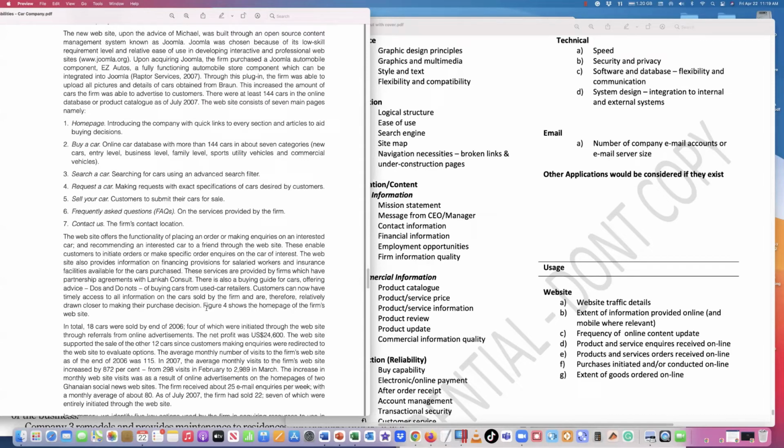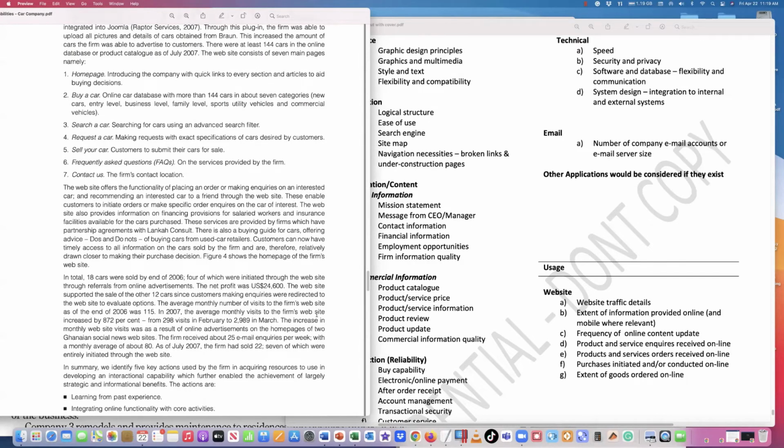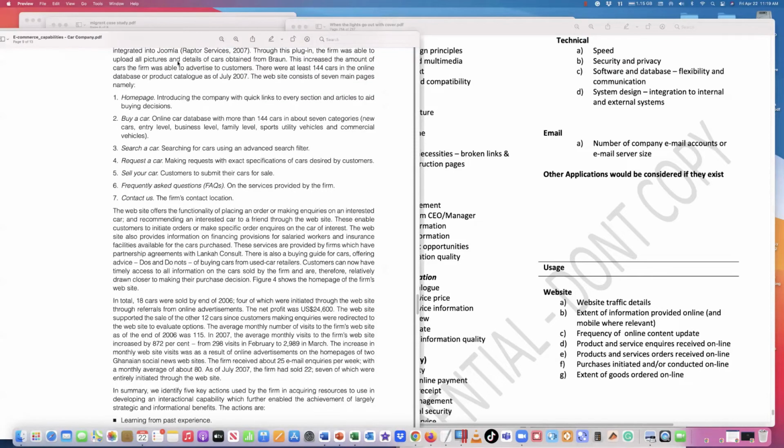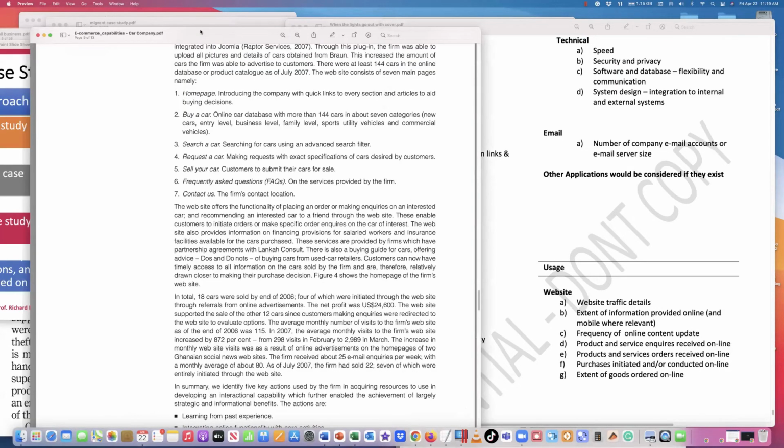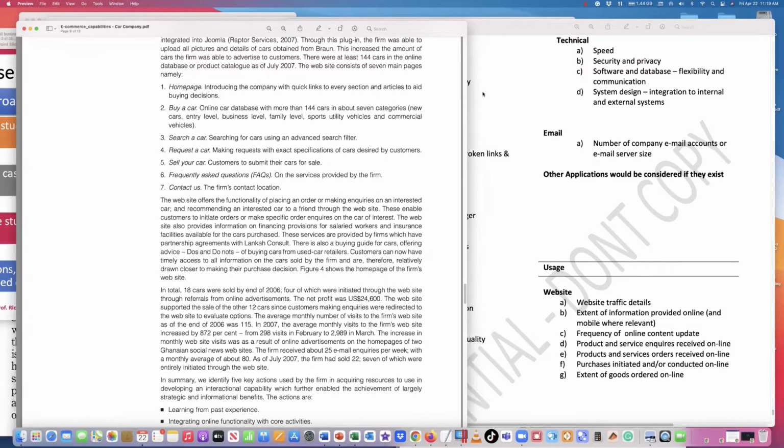It's also mentioned. How many people visited the website, and the increase in the monthly level of visits? The average number of monthly visits to the website in 2000 was 115. In 2007, the average month, so it's giving you the statistics. And what is it? Website traffic details. So this kind of thing, what we say as develop a protocol, will guide you to write your case study. If you don't develop it, you will not be able to develop a very good case study.